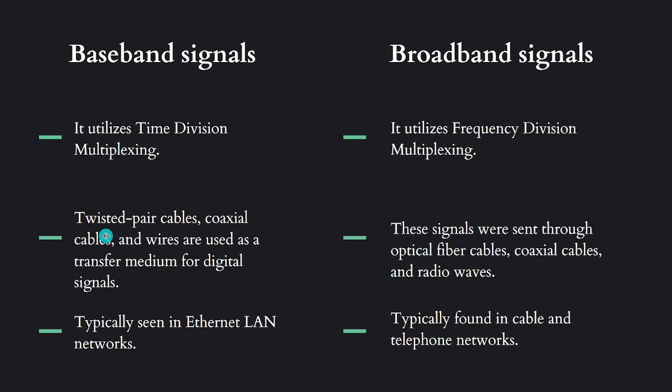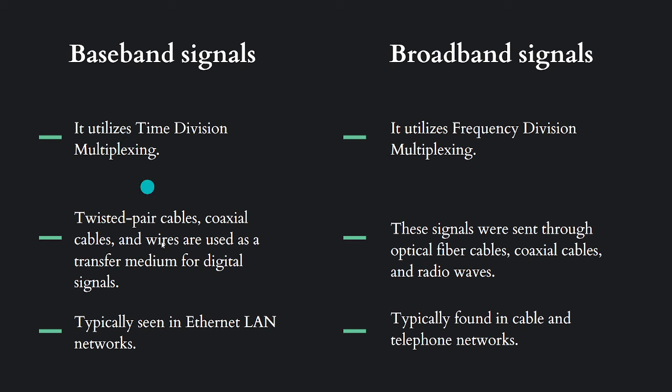For baseband transmission we can use twisted pair cables and coaxial cables, and for broadband transmission we can use fiber optic cables, coaxial cables and radio waves. Another difference is that baseband uses time division multiplexing, and broadband signals use frequency division multiplexing, that is, more frequencies at one time, or we can say multiple data at one time.